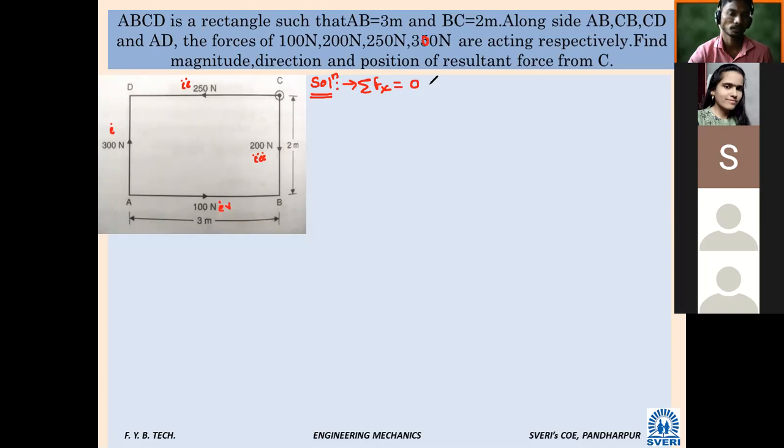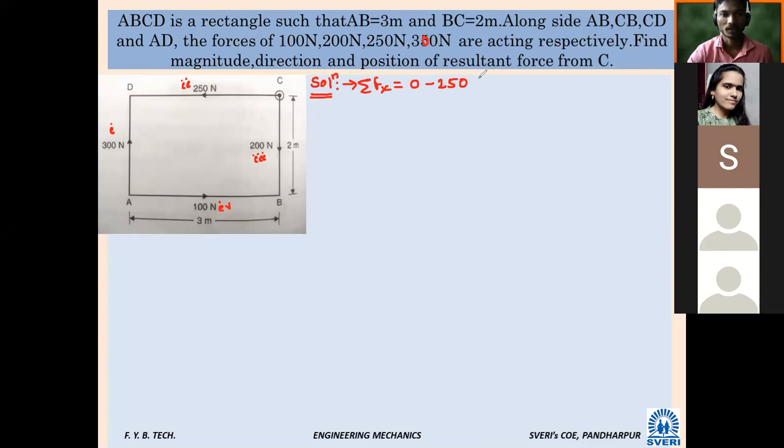Why? It passes through point C vertically. Because it is a vertical force. Next, X component of force number 2, plus or minus? Minus 250. X component of force number 3, that is 200 Newton: 0.